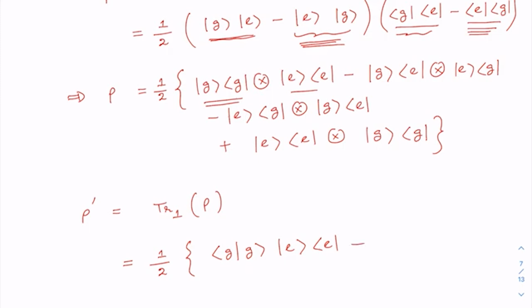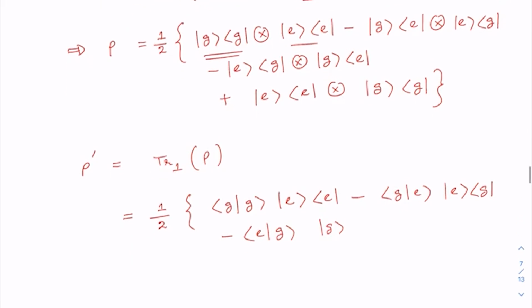Similarly for the second term, I will have scalar product ⟨z|e⟩, and here |e⟩⟨z|, and the third term will give me scalar product ⟨e|z⟩, and here I have |z⟩⟨e|, and the last term will give me scalar product ⟨e|e⟩, and here I'll have |z⟩⟨z|.